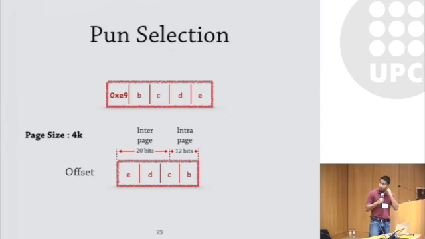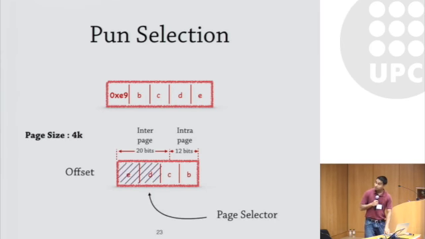So that means the least significant 12 bits of this offset address intra-page memory locations when we add this offset to get the absolute address of the jump target. And the rest of the 20 bits address memory locations at a memory page granularity. Especially these two most significant bytes can be used to select the target memory page. So we call these two bytes a page selector for that reason.